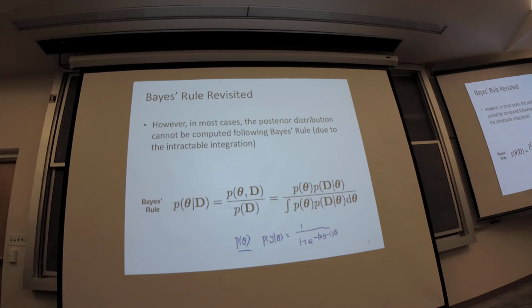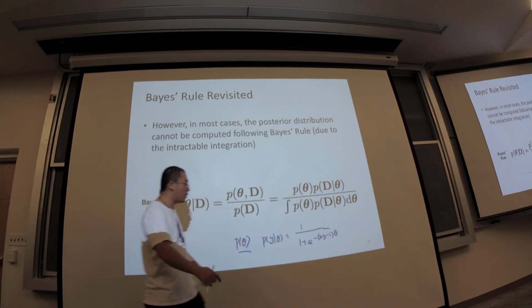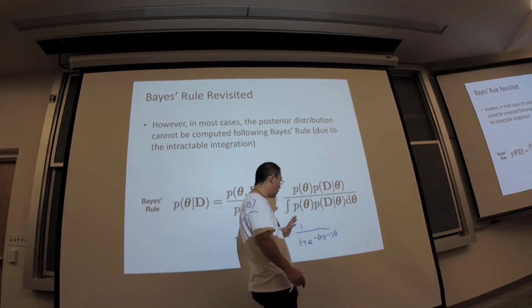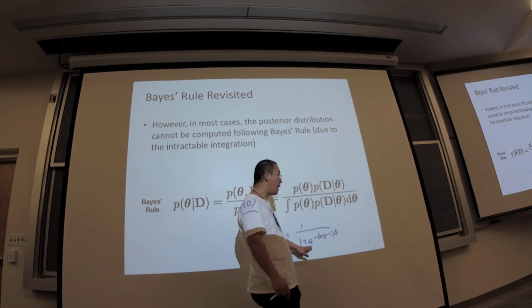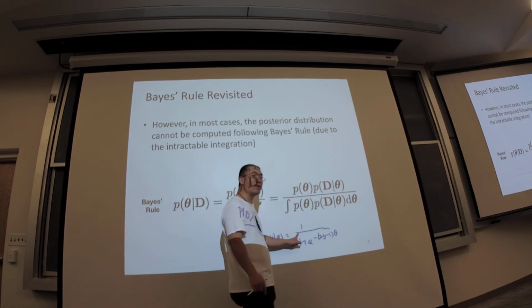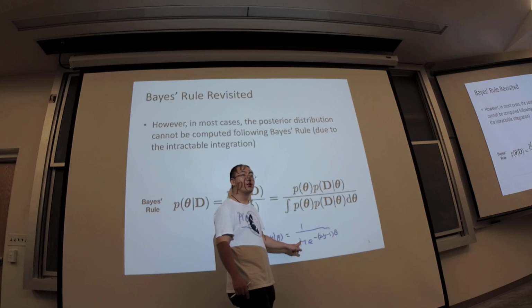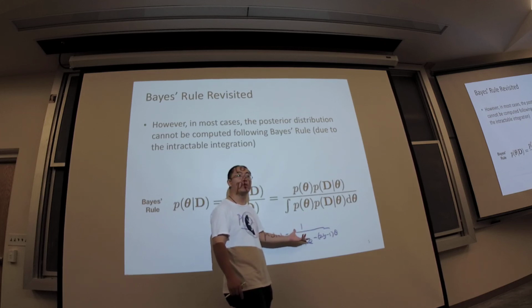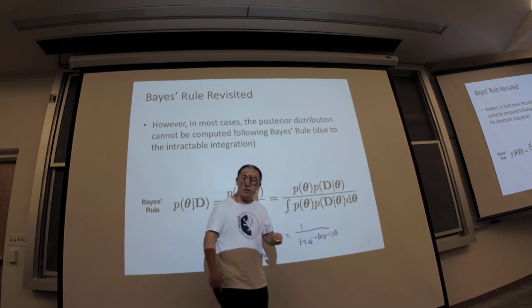You can check after, right? If y equals 1, then this is just a logistic function. If y equals 0, it becomes 1 minus the logistic function. So you can double check after the class. So this is a likelihood.